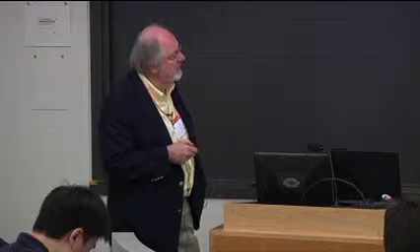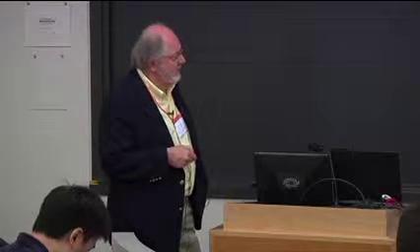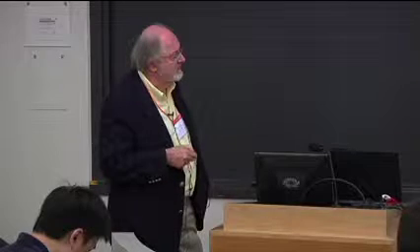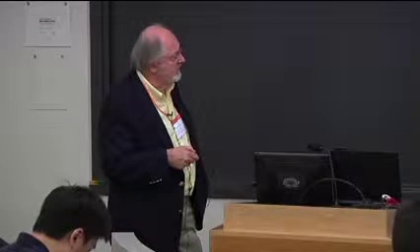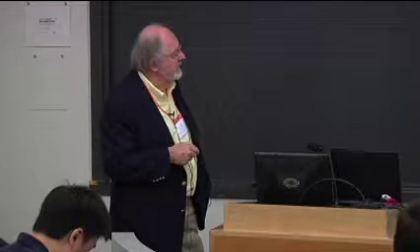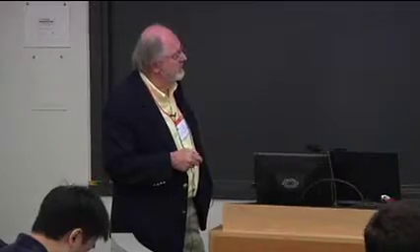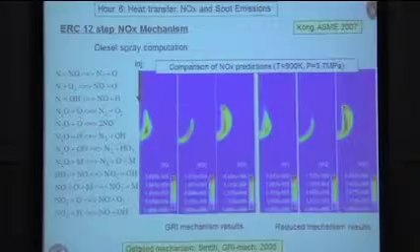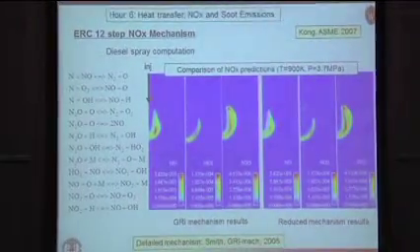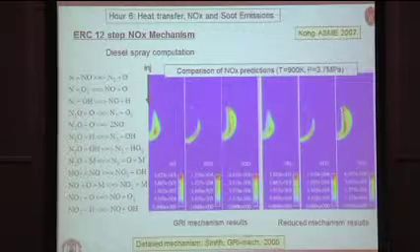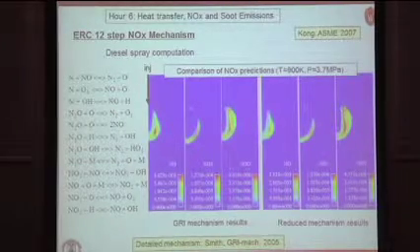What I'm showing you here are profiles of NOx using the full GRI mechanism and then using our reduced mechanism for these cases on the right, showing you profiles of NO, NO2, and N2O. So you should compare this with that, this with that, and this with that. As you can see, the reduced mechanism does a very good job compared to the more detailed mechanism. So here are the 12 steps that are included now along with our PRF mechanism.